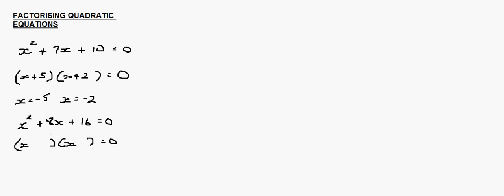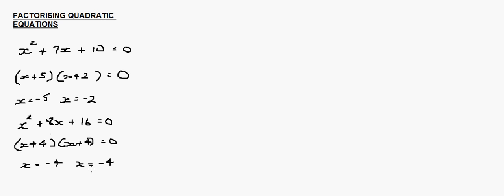Now 4 fours are 16, and 4 plus 4 does give me 8. So x plus 4, x plus 4. Now if I was to solve this, x would equal minus 4, and x would equal minus 4. So we can see we've got the same answer.